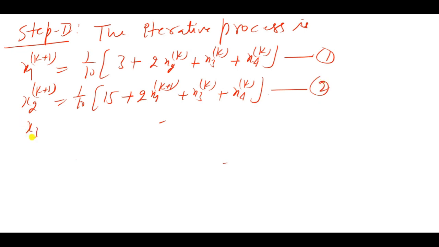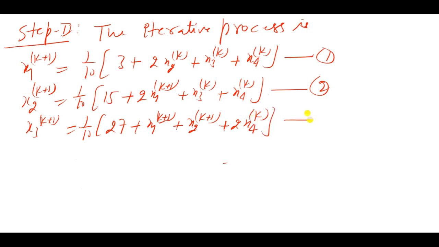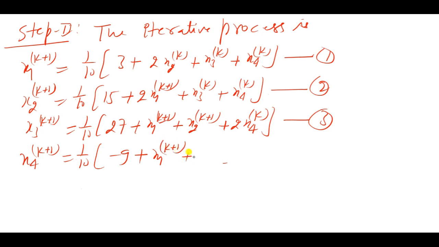With the help of equation 3, x3^(k+1) is equal to 1 upon 10 (27 plus x1^(k+1) plus x2^(k+1) plus 2 x4^(k)), and this is equation 3. x4^(k+1) is equal to 1 by 10 (minus 9 plus x1^(k+1) plus x2^(k+1) plus twice x3^(k+1)). This is equation 4.